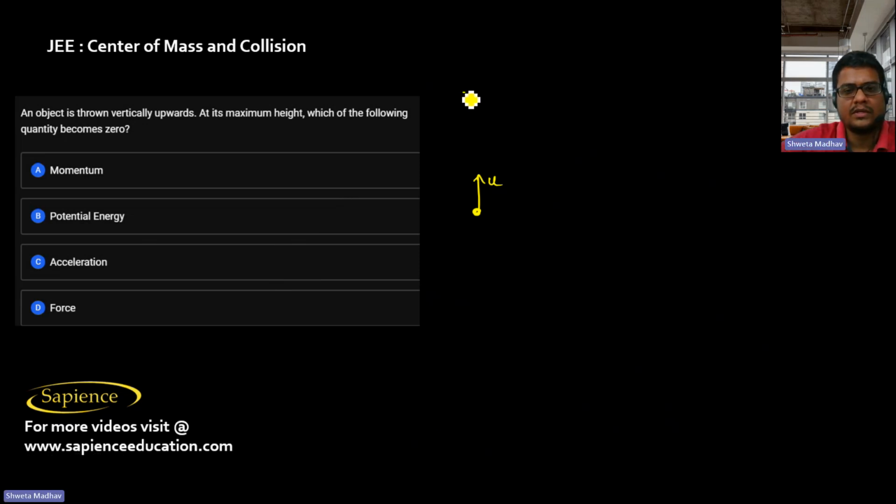When it will reach the maximum height, that is h max, then its final velocity will be 0. So which of the following quantity becomes 0? That we have to find.